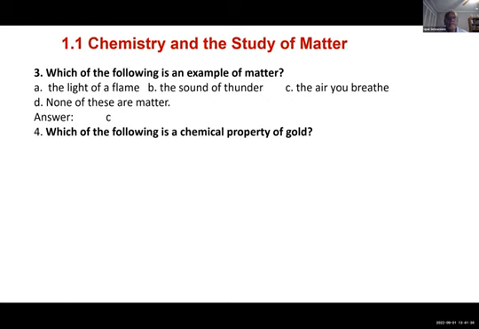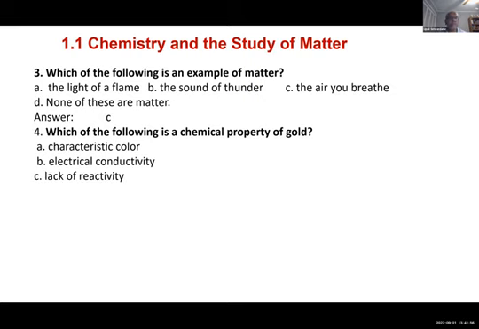Which of the following is a chemical property? A chemical property is where the substance changes. Color is a chemical property or physical property? Physical property. Electrical conductivity is a physical property. It doesn't change the substance. Lack of reactivity.